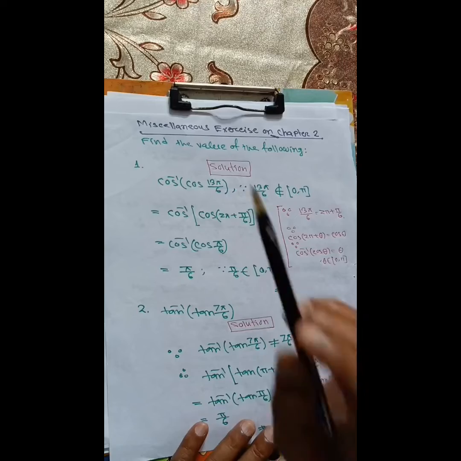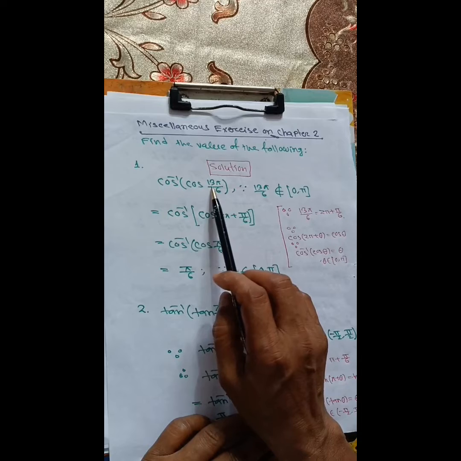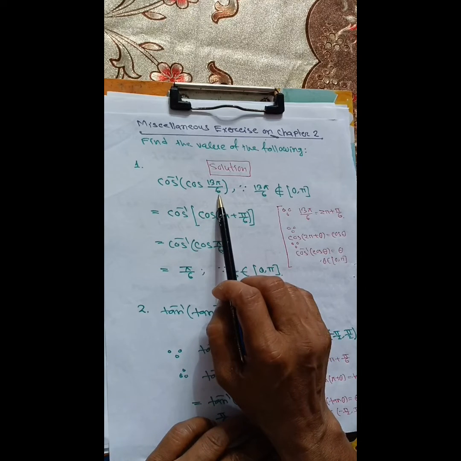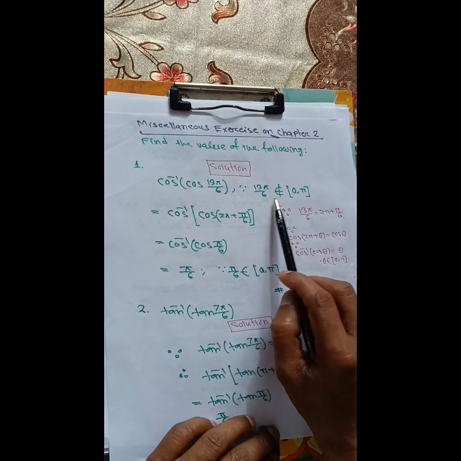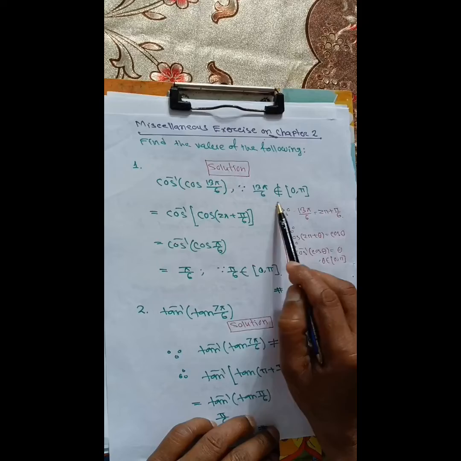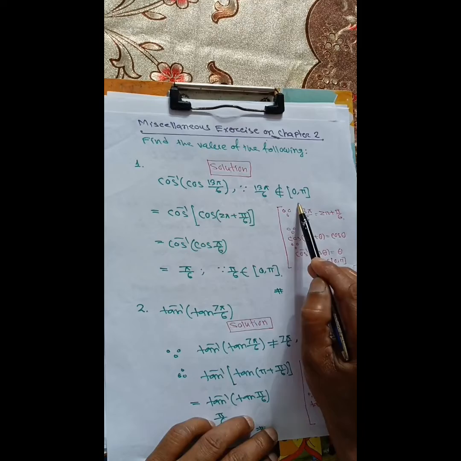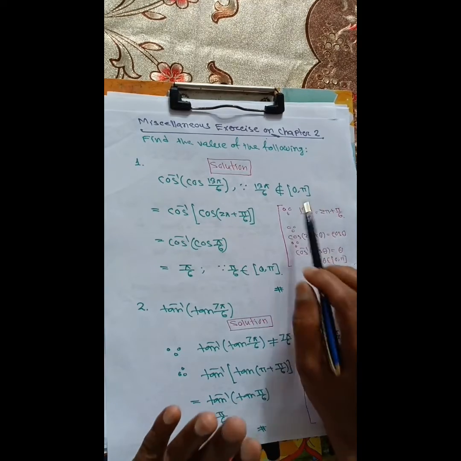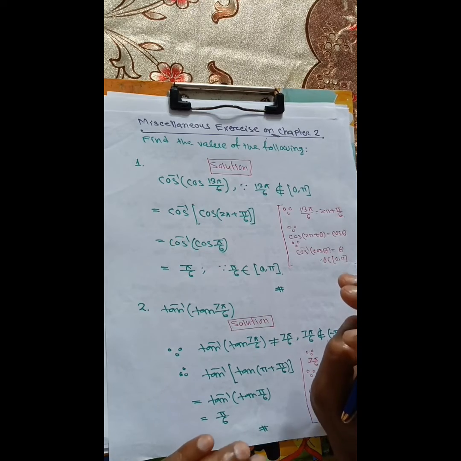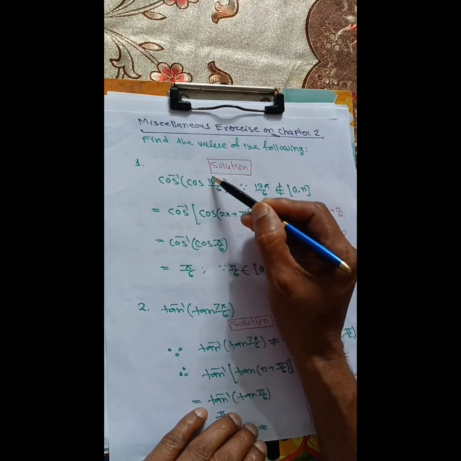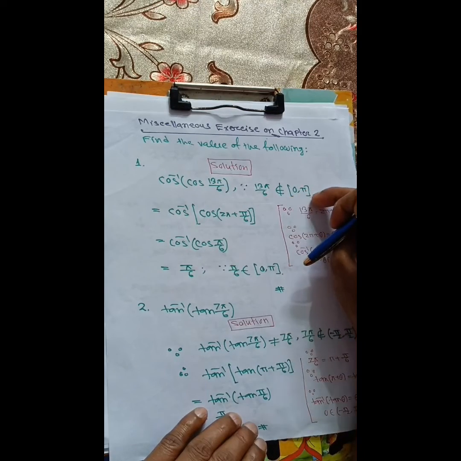For solution, first problem, cos inverse cos 13 pi by 6. Since 13 pi by 6 is not in the range, what is the range of the cos inverse function? Now we have to arrange this angle in such a way that it lies in this range.